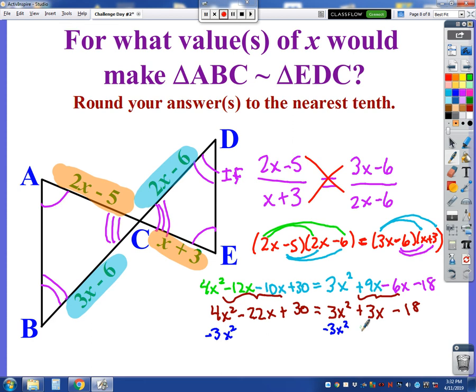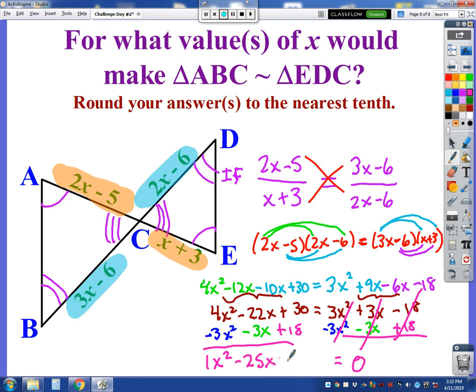I'm going to subtract these 3x over to these negative 22x. And I'm going to add this 18 over to the 30. So gone, gone, gone. 0 on the right side. I've got just a single x squared, 1x squared if you want, minus 25x plus 48 equals 0.